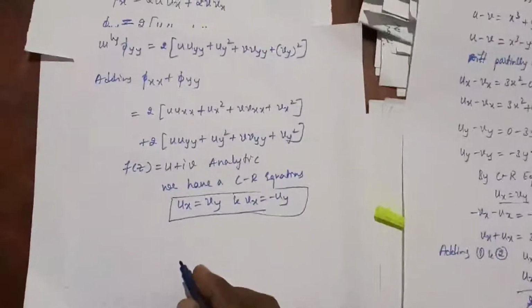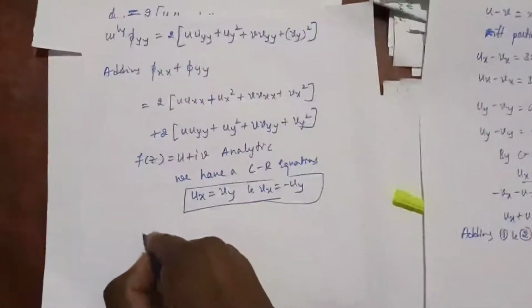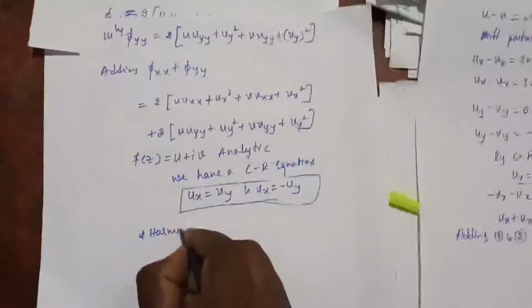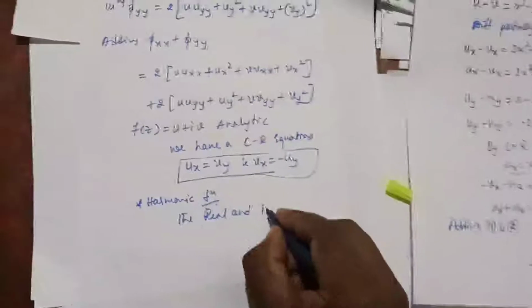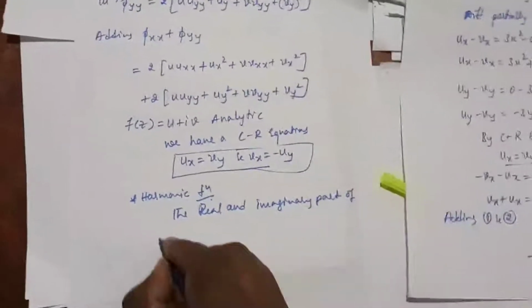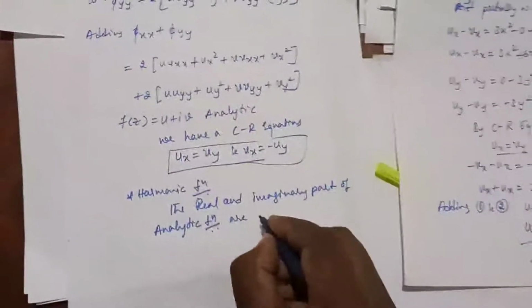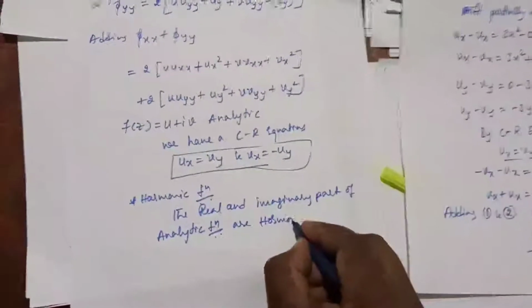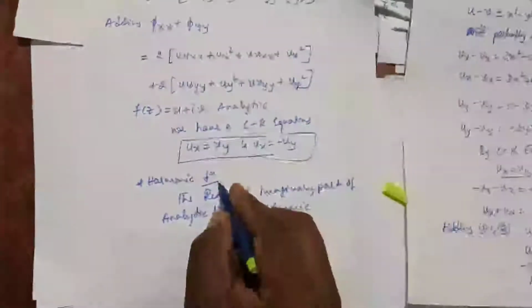Next, we have another property of harmonic functions, which I told in the last video. The property is that the real and imaginary parts of an analytic function are harmonic. Here u and v are the real and imaginary parts.